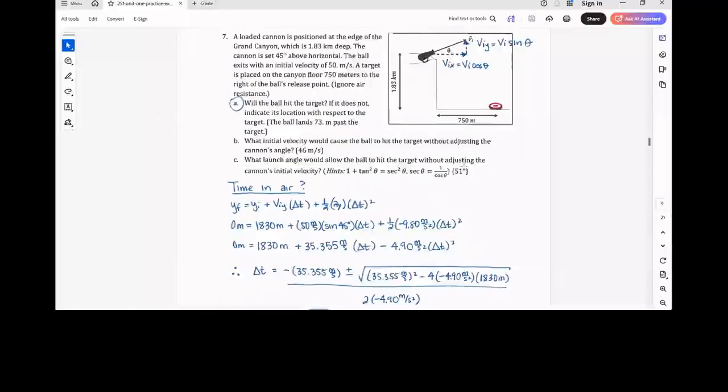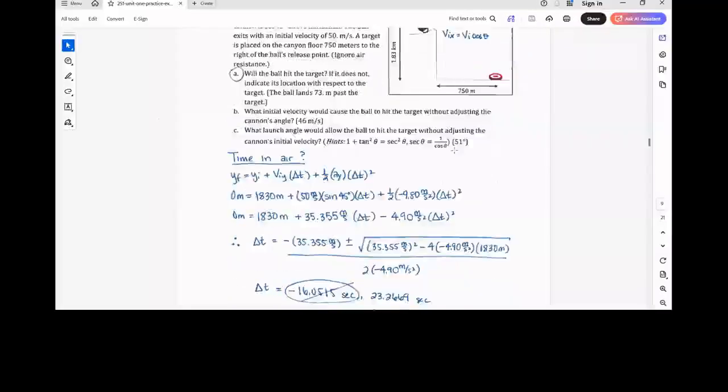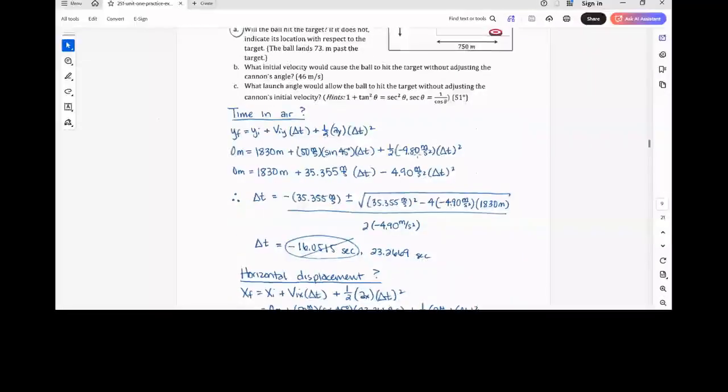And this is something that is happening on Earth. So I know that the acceleration in the y direction is going to be 9.80 meters per second squared, and it's going to be oriented down. So I have to treat that as a negative here, and I end up with this quadratic equation.